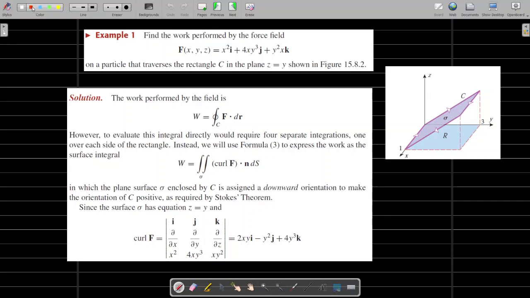So this is the plane z equal to y as shown in this figure. This is the surface along which we have to integrate. Now you see this direction of C is given like this.